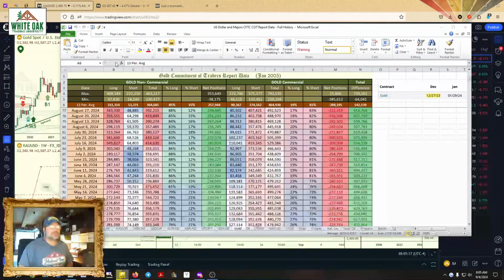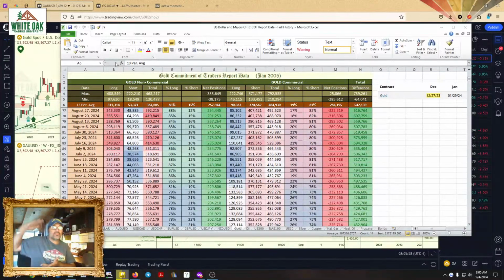So first things first, you need to put things into context. And this is why I track the CFTC data, because I want to understand, what are the large institutions doing, right? The large institutions are the ones that are moving the markets. So I want to know what they're doing with their positions. If they're not accumulating a long position with a lot more room for more longs to be added, then I really don't want to be buying gold, right?